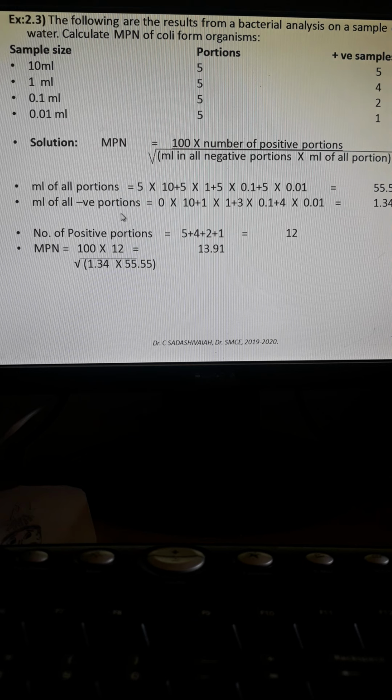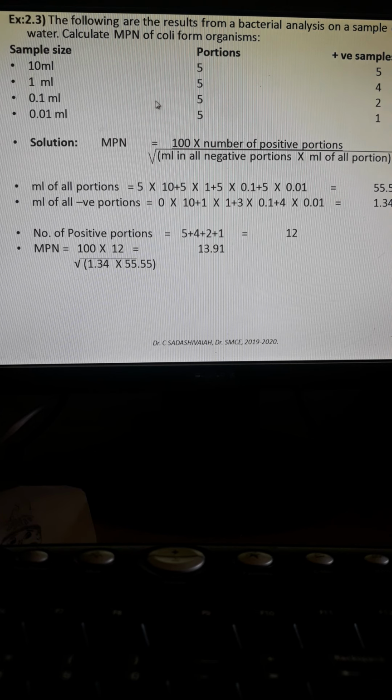Here you see the number of negative portions. In the first case, when out of 5 all 5 samples indicated positive, there were 0 samples indicated negative. Therefore 0 into 10 ml sample was taken, so this quantity will become 0.